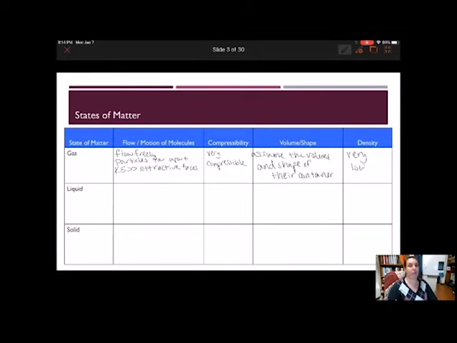With our liquid, particles are very close together, significantly closer than our gas particles. However, they still have freedom of motion, so they are going to slide past one another freely.